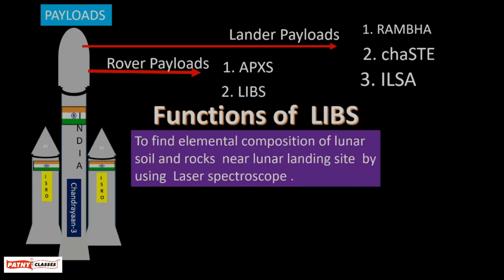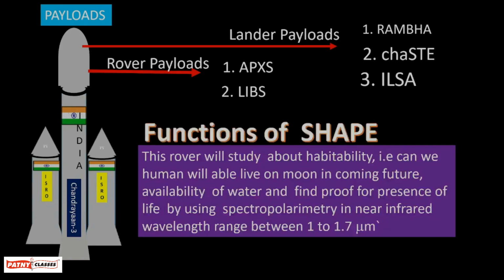Now the next payload of the rover is LIBS. Functions of LIBS are as follows: to find the elemental composition of lunar soil and rocks near the lunar landing site by using laser spectroscopy. The next rover payload is SHAPE.